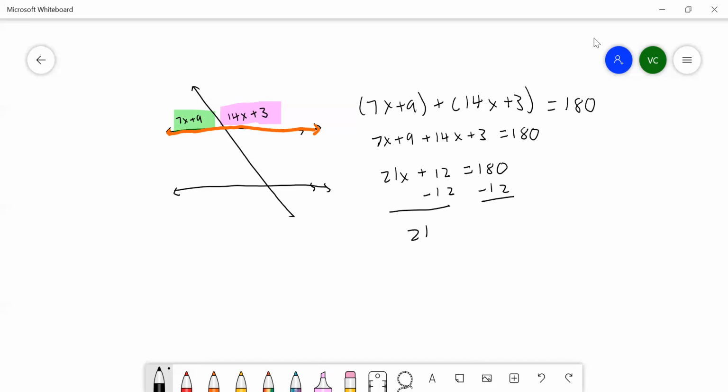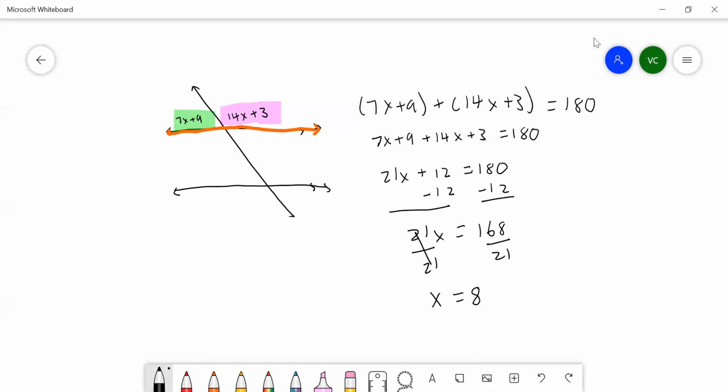And we're left with 21x is equal to 168. And what is 168 divided by 21? We got to divide by 21 on both sides to get the x by itself. And 168 divided by 21, I'm using my calculator, is just going to equal 8.